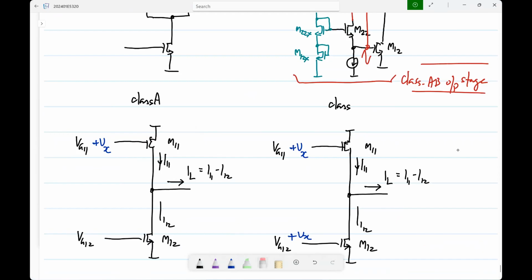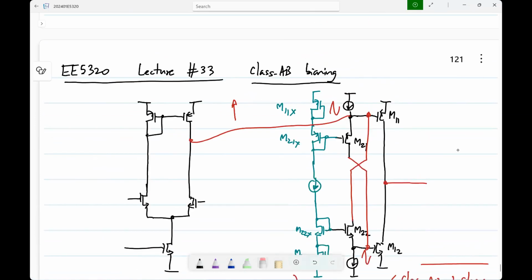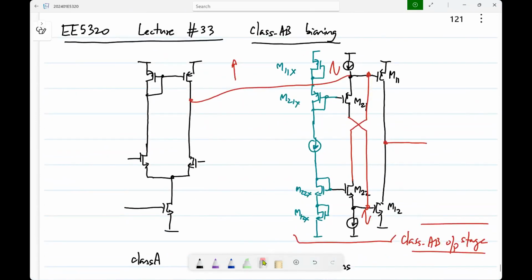Any other questions on this or any other aspect of the single stage op amp? Yeah. Right. No. This is to, so we have put two conditions.